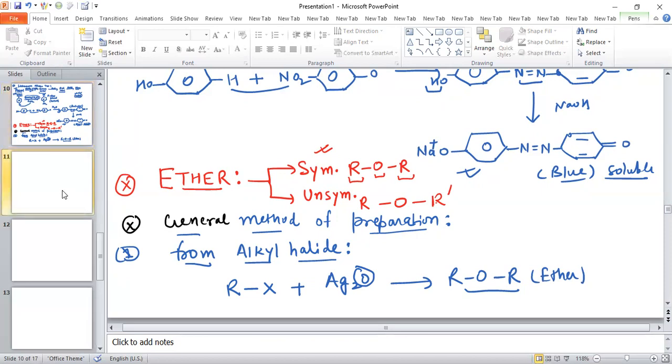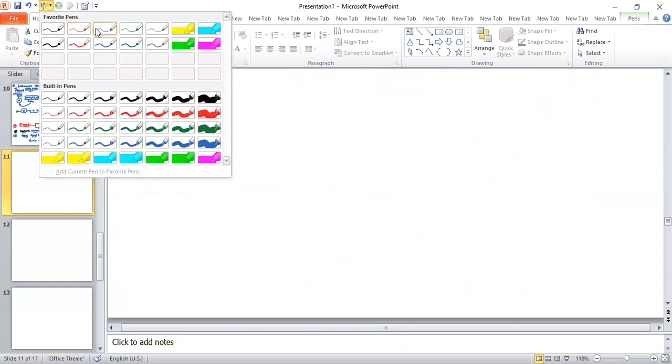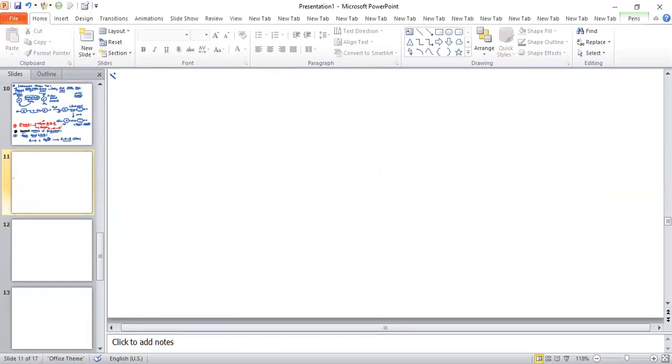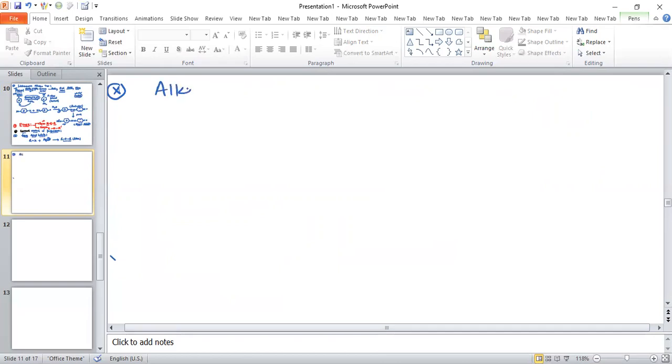Now see another method for the preparation of ether. The second method is from alkene. I am going to discuss the preparation of ether from alkene. How can we prepare ether from alkene?